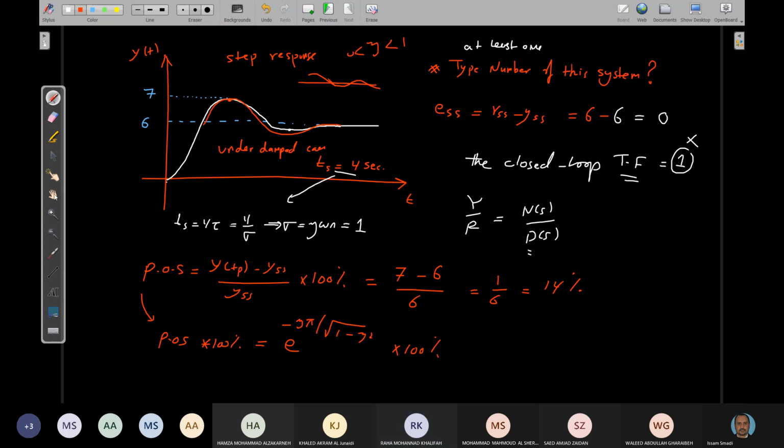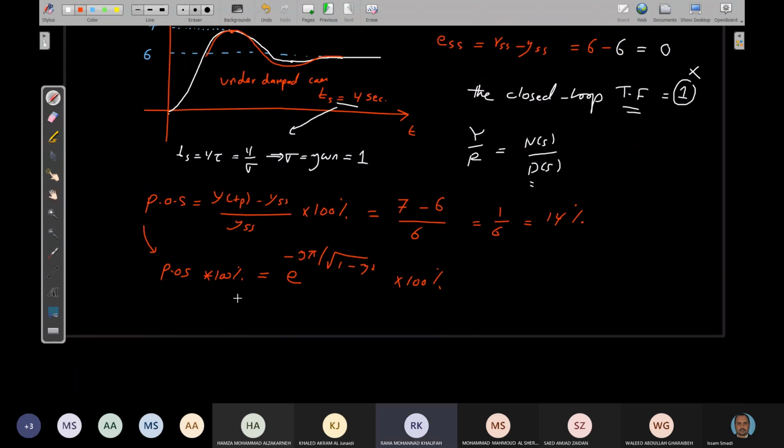So simply from here, I can get a relation between the percent overshoot to find zeta, which means 0.14 is equal to exponential minus zeta pi over square root 1 minus zeta square. Can you solve this equation to find zeta? I will take the ln on both sides, correct?